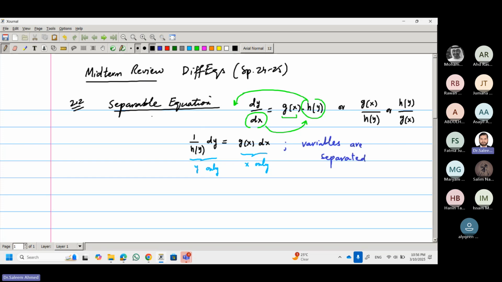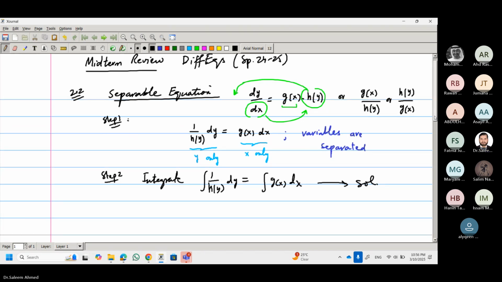This is the first step, separate the variables. Then the second step is integrate. If you integrate the left hand side with respect to y and the right hand side with respect to x, you can get the solution, right? So this will give you the solution.